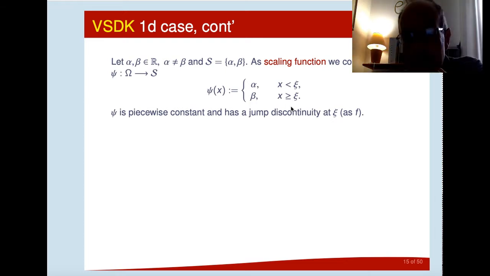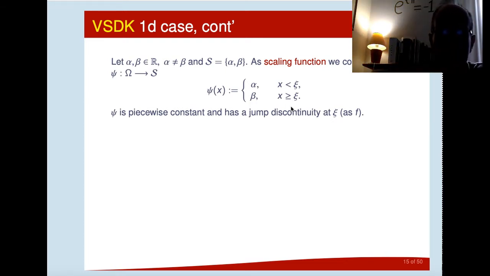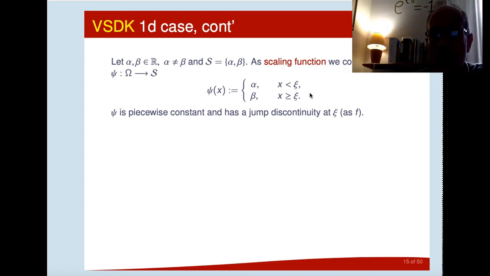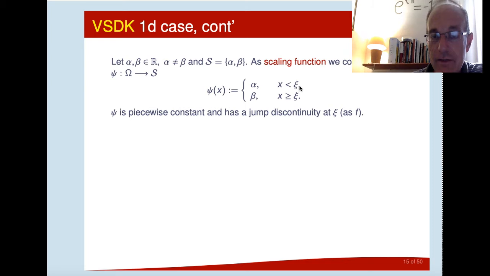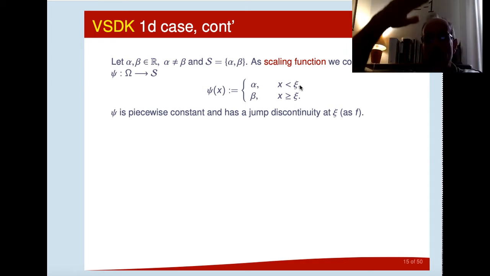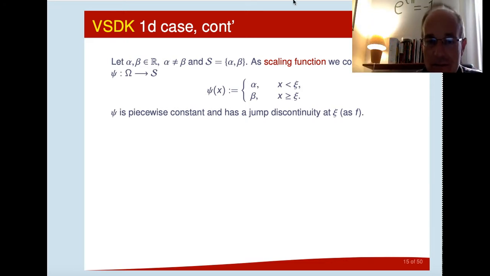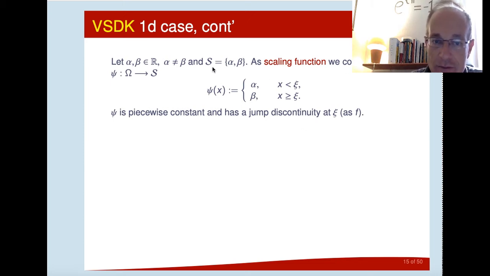Because you remember, I claimed that this scaling function has the property to mimic the behavior of the data. So you have a function with a jump in between, and the idea is to have a scaling function that in some sense describes the jump. That is the case for this function Psi here. This is a piecewise constant with a jump at the discontinuity point c, as the function f has.